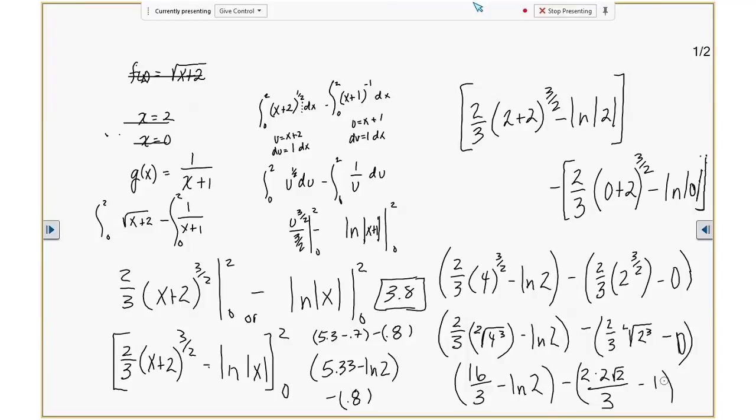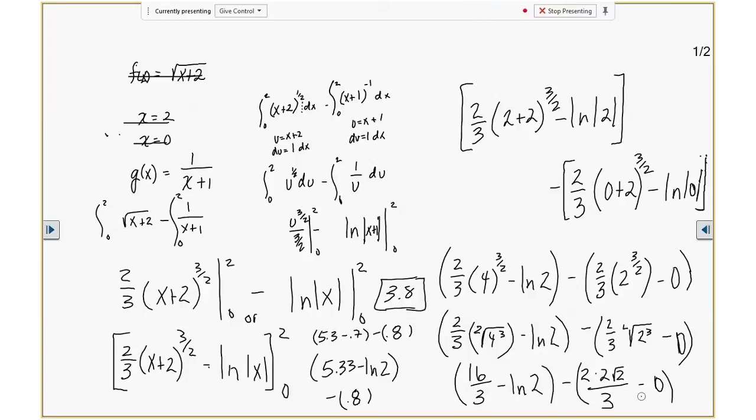And then this turns to 0. So 2 times this right here becomes 0.8, or let's see, 2 times 2 is 4. 4 divided by 3, what I say is 1.3 or 1.33, right? 1.33 times square root of 2.